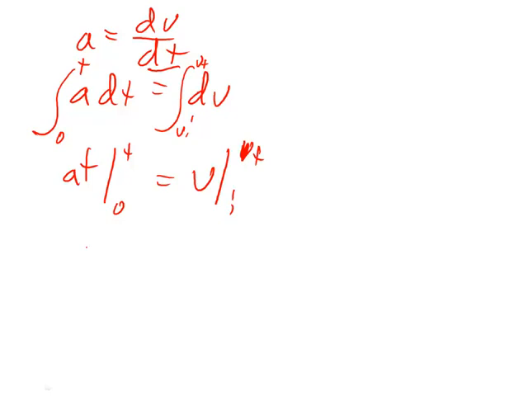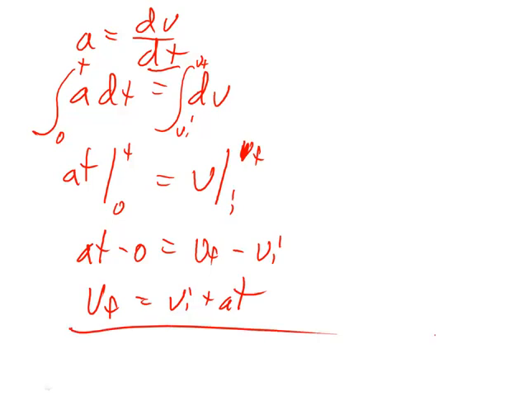So it winds up becoming at minus 0 is equal to Vf minus V initial. Well, look at there, y'all. Look what you wind up with. Isn't that wonderful? So there's doing calculus. I'm just showing you the calculus derivation real quick, okay?